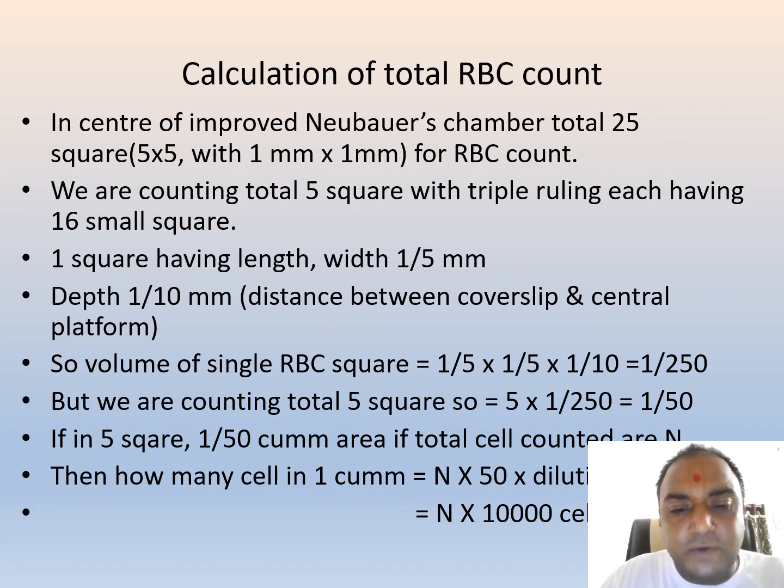But we are counting a total of 5 squares, so we need to multiply: 5 multiplied by 1 upon 250 is 1 upon 50 cubic millimeter.